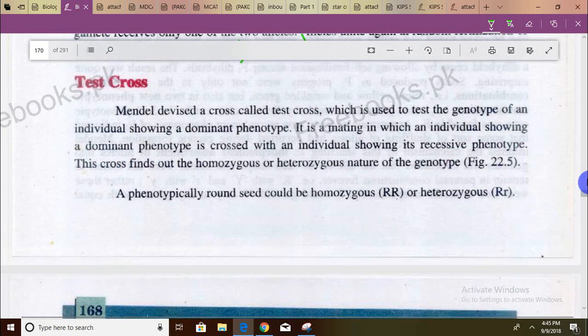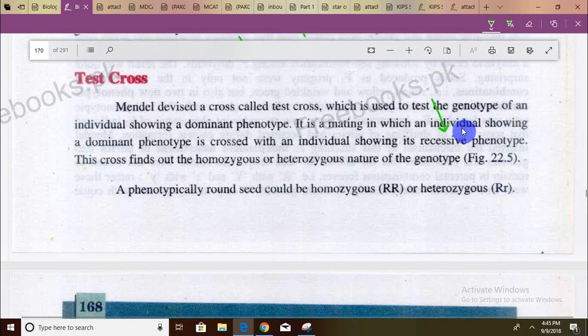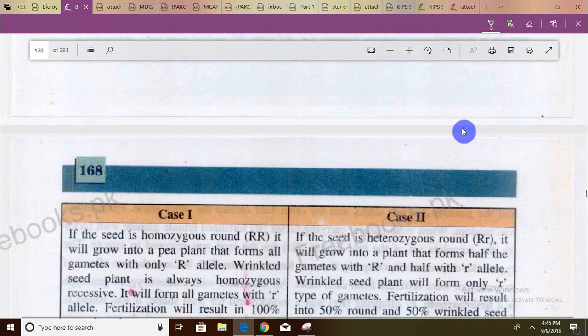So Mendel again was responsible, and it is used to test the genotype of an individual which is showing a dominant phenotype. An individual showing a dominant phenotype is crossed with an individual showing the corresponding recessive phenotype, and the homozygous or the heterozygous nature of the genotype can then be found out.